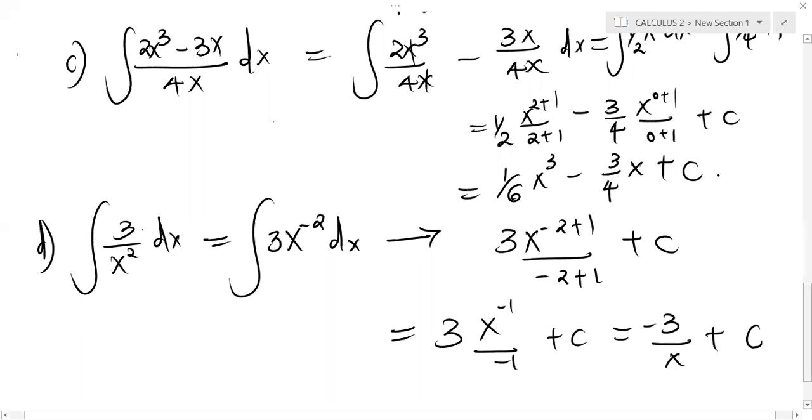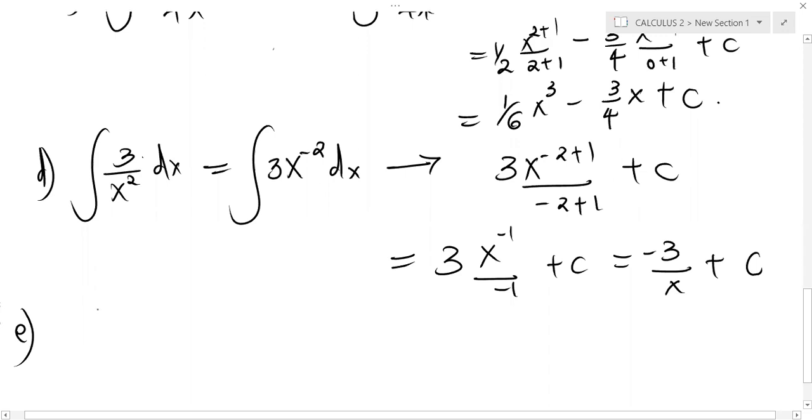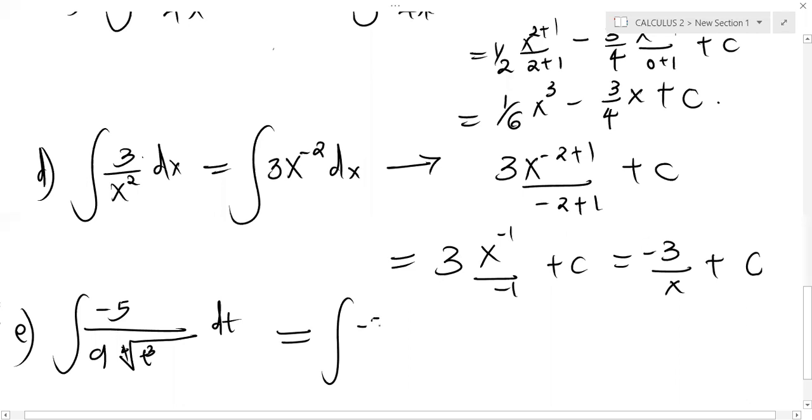Okay, fine. Another algebraic function. Let's say you're told to integrate. Find the integral of minus 5 over 9 times the fourth root of t cubed dt. So we'll first of all start by writing this in the standard way, bringing t onto the numerator. So this is the same as minus 5 over 9, t raised to the power 3 over 4 down here, dt.